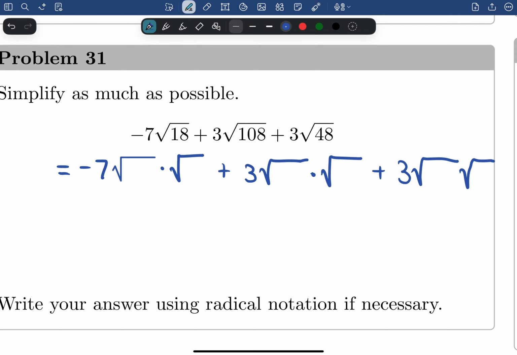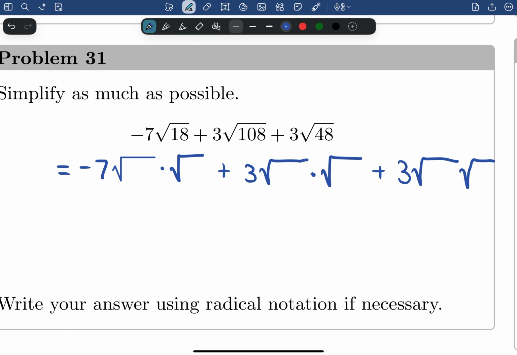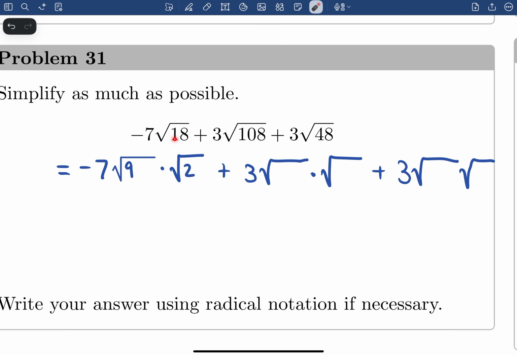Let me show you how I break this down. See, the 18, it's a multiple of a perfect square. And in your list of perfect squares, you would find 9. And if you multiply 9 by 2, that gives you 18. So I put a perfect square and the leftovers here and here. Okay, let's move on to this next piece of 108, and I'm going to break it into its pieces.